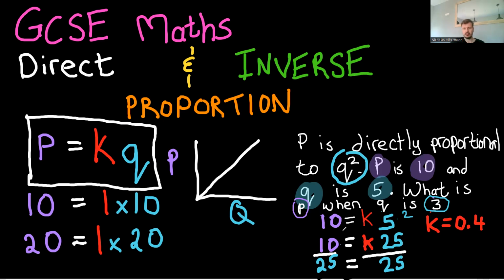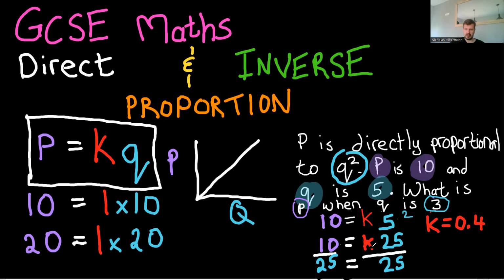Then 0.4 times 25 is 10. That's right. Good. So that's the first step, figuring out what K is.